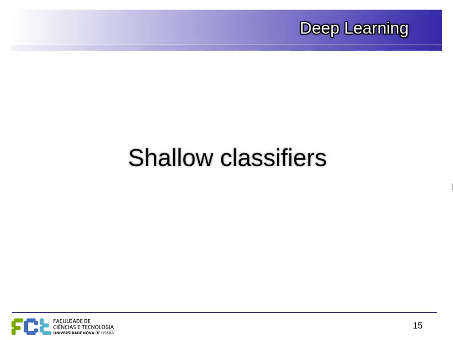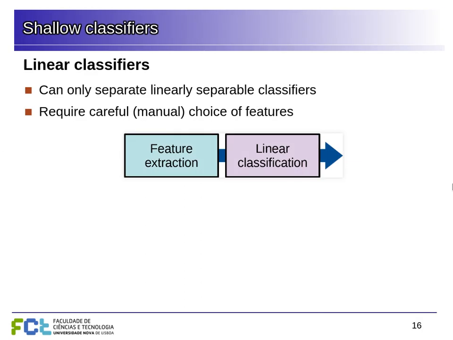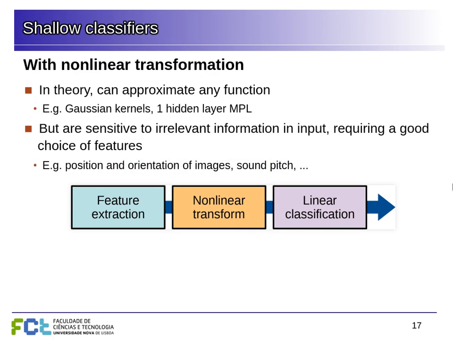So this is what we do with shallow classifiers in classical machine learning. If we use a linear classifier, we can only separate the classes if they are linearly separable. But if we add that nonlinear transformation, that expands the dimension of our data in a nonlinear way, then the linear classification can be used to separate things.